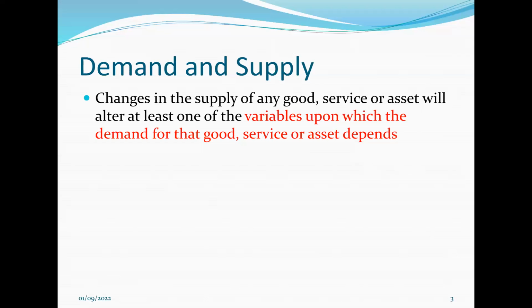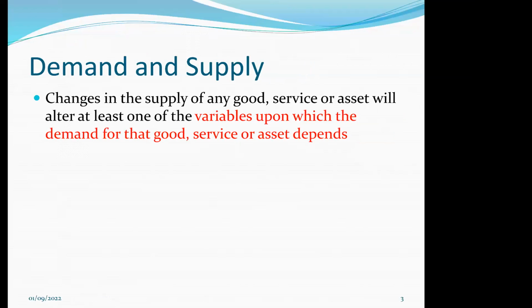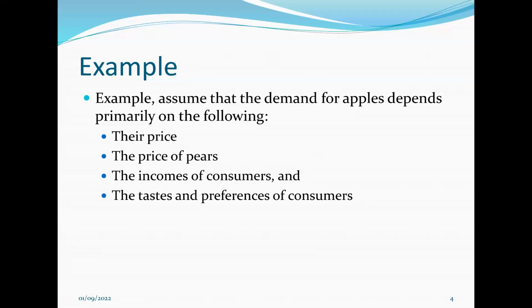So we can start from the basics, just to remind ourselves of demand and supply. Changes in the supply of any good or service or asset will change at least one variable upon which the demand of a good or a service depends.